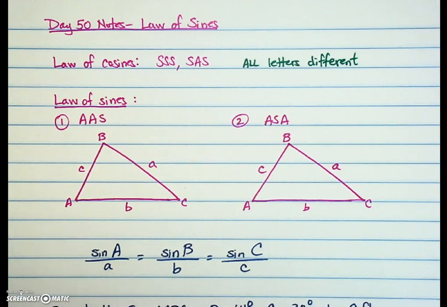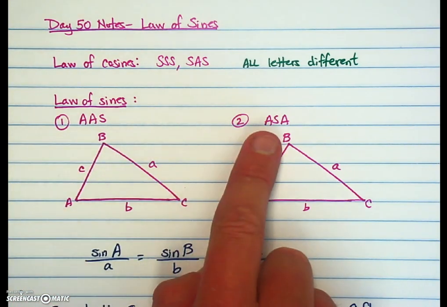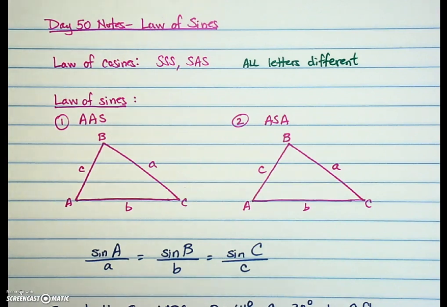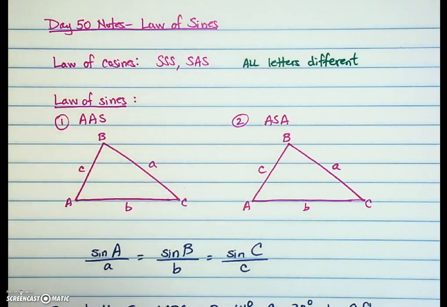Okay, so we're going to look at two more cases today, in this video. We're going to look at the angle, angle, side case, and the angle, side, angle case. That's just two more cases, and in these we're going to use the law of sines. So here's what an angle, angle, side case would look like.